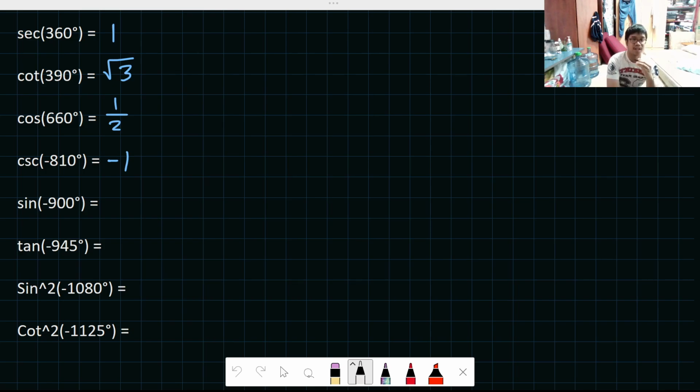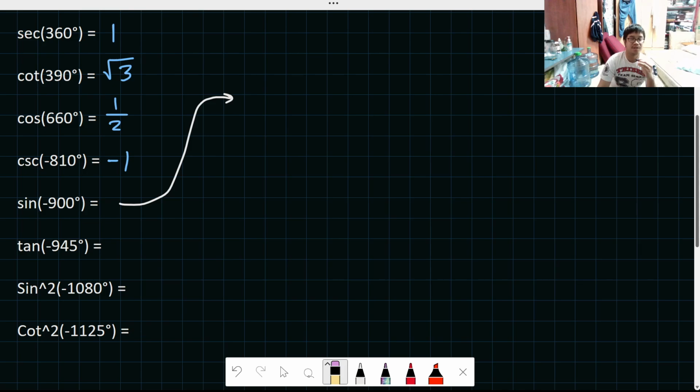So we have sine of negative 900 degrees. Here, the first thing that I will do is draw a graph, like where is negative 900 degrees, you know?